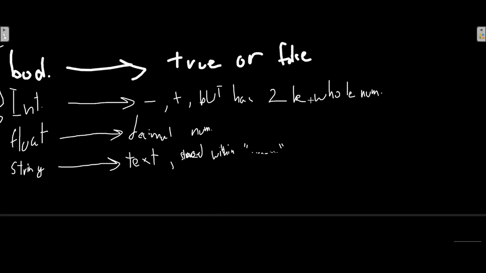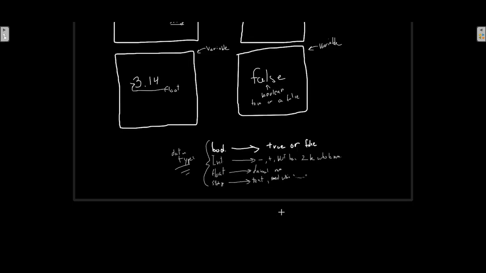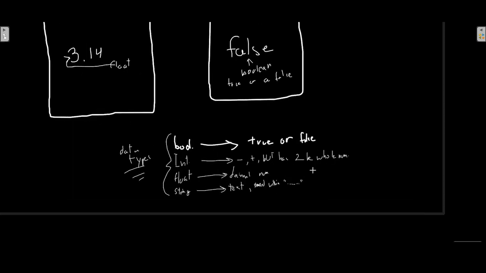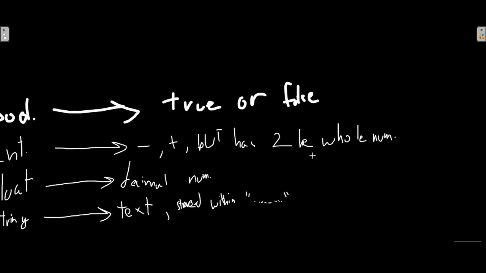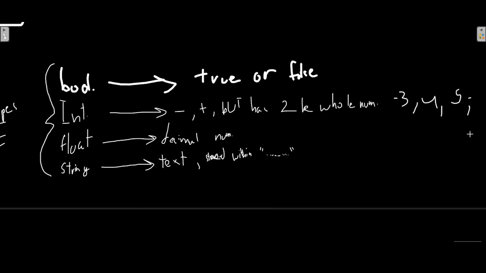An integer. Well, if you guys have done math, which all of you have, then we would all know that an integer is just a positive or negative whole number. So it could be -3, it could be 4, it could be 5, it could be -3,000, right?